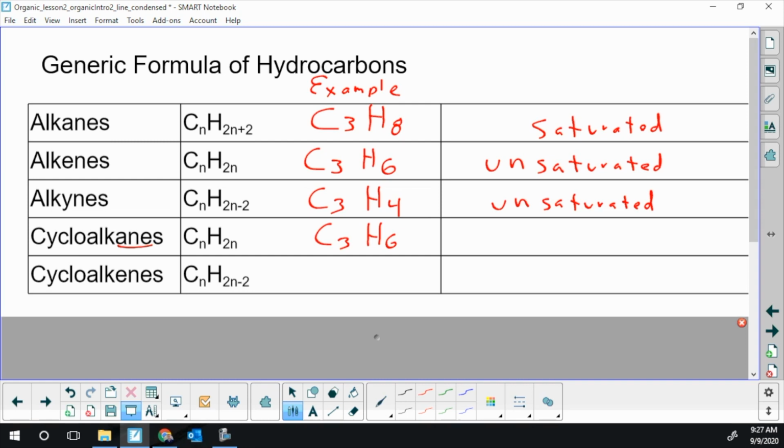Every carbon would have 2, 2, 4, 6. Okay? This is still saturated. There's no double or triple bonds. You can't add any more hydrogen to the cyclo. And then a cycloalkene, if you make an ene into a ring, it's 2n minus 2.